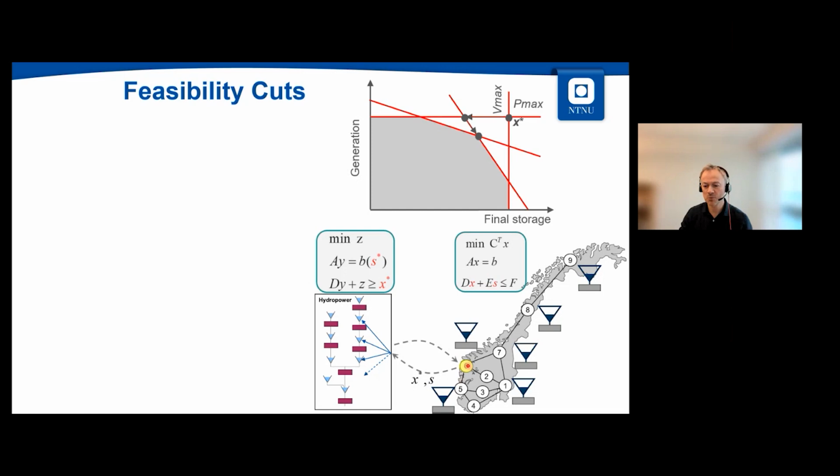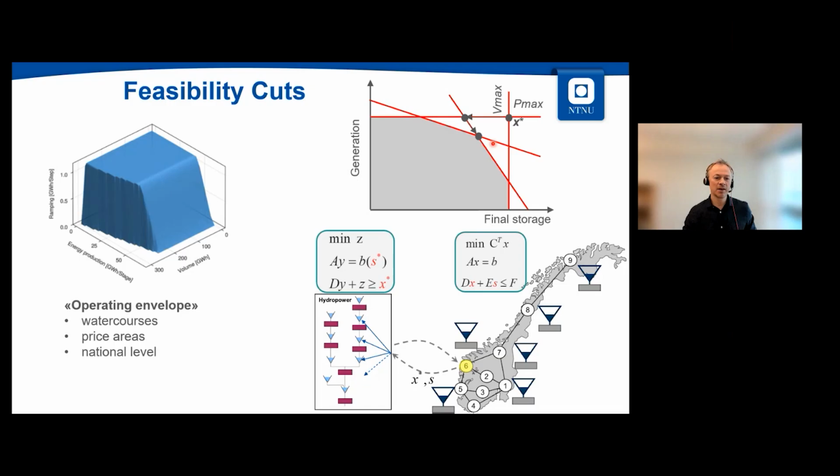So we distribute the solution of the aggregated system into a detailed model, optimize it, get some feasibility cuts back, and then we end up with a kind of operating envelope for hydropower for each of these price areas that we can operate within with the aggregated hydropower.